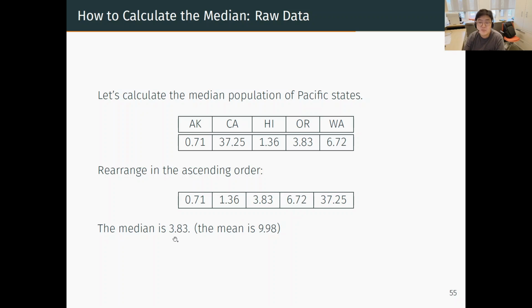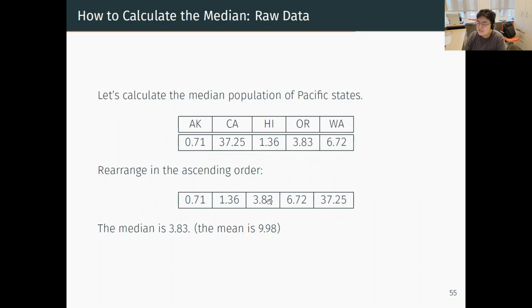The answer is 3.83. Meanwhile, if you calculate the mean based on these 5 observations, you are going to get nearly 10 million. So the mean is nearly 3 times larger than the median. Again, it's a huge difference.